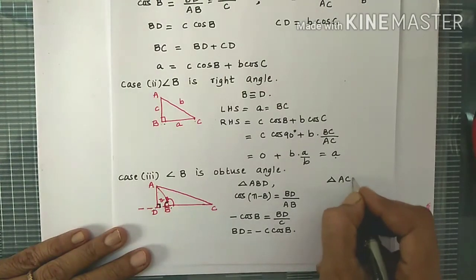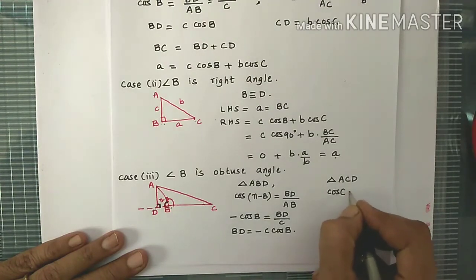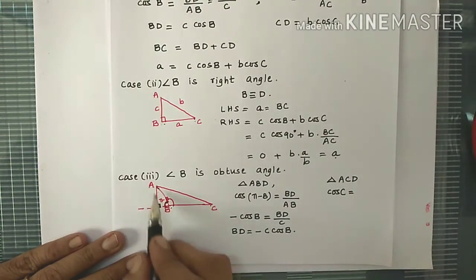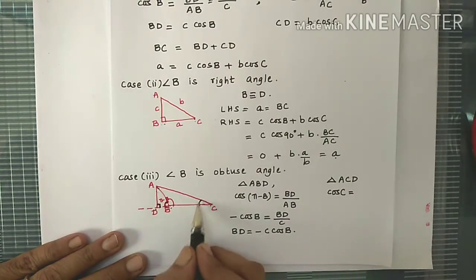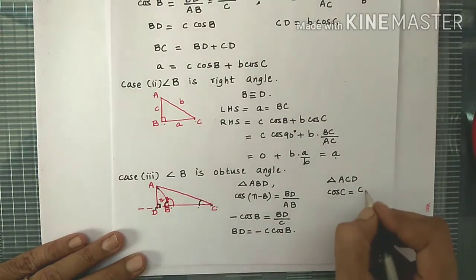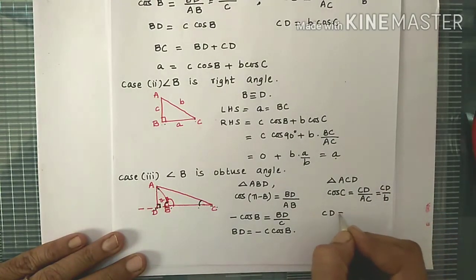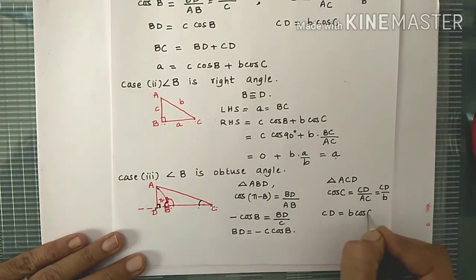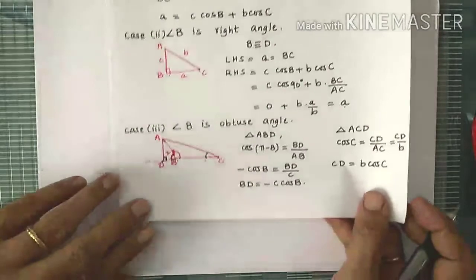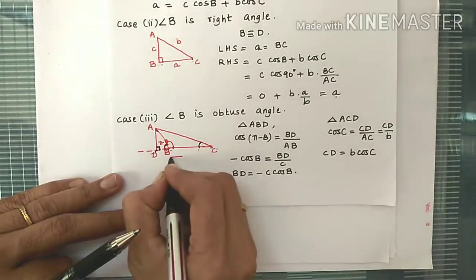Considering triangle ACD, what is cos C? In this triangle, cos C is CD divided by AC. Now AC is denoted by small letter b, so CD upon b. So we get CD equal to b cos C. Now from this diagram, we have to prove for a, and what is a? a is BC.